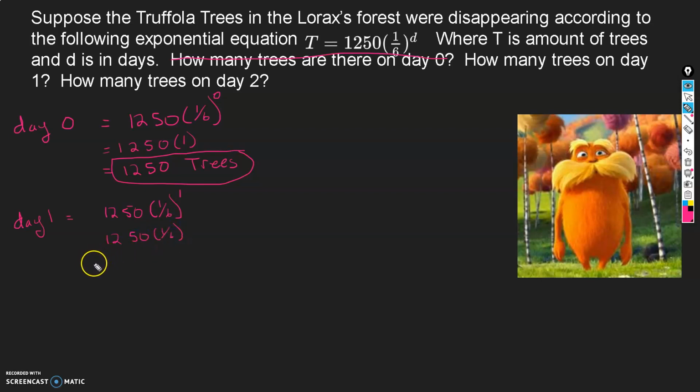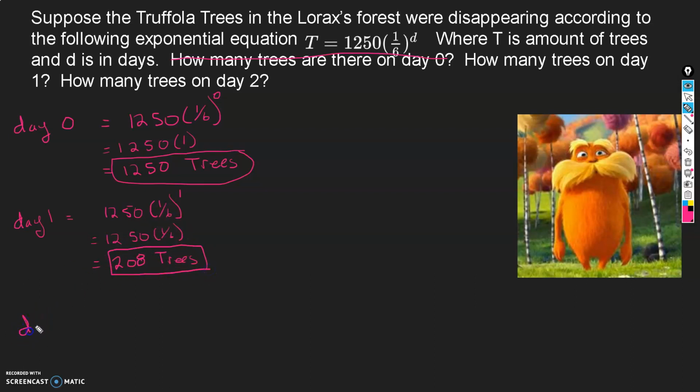Now I'm going to take out my handy dandy calculator, 1250 times 1/6, and I'm going to round to the nearest tree. So that's 208 trees after day 1. So his forest takes a real good chopping.